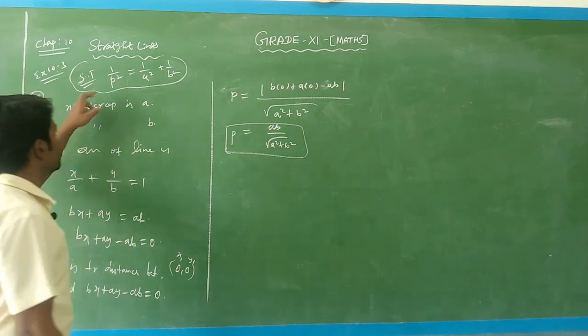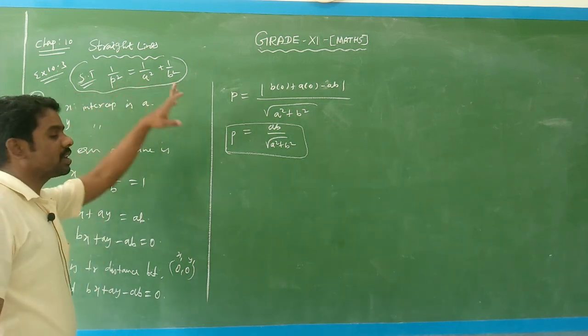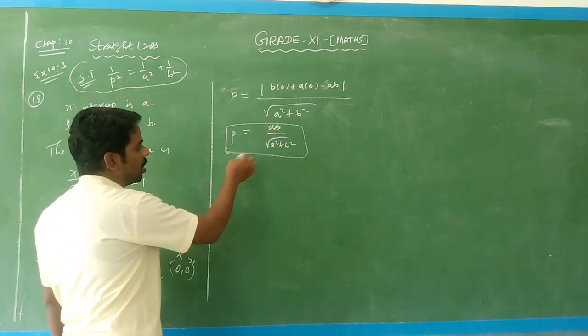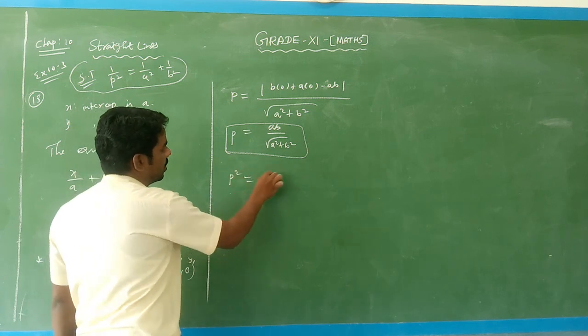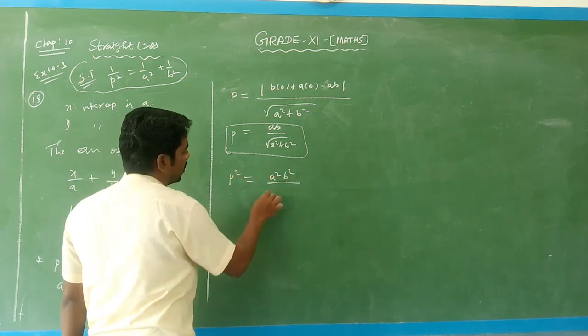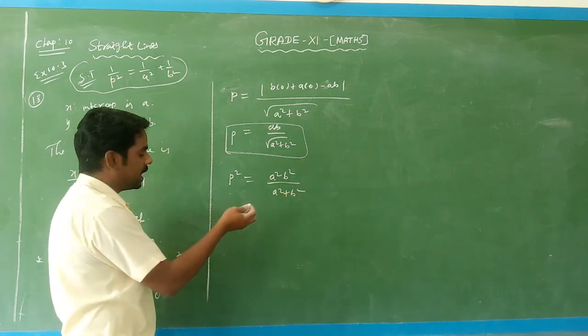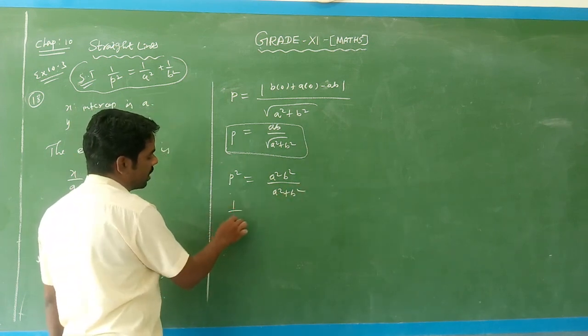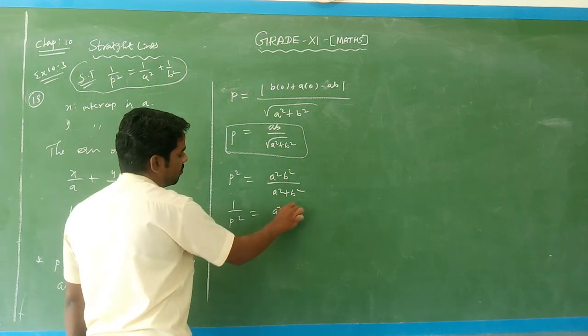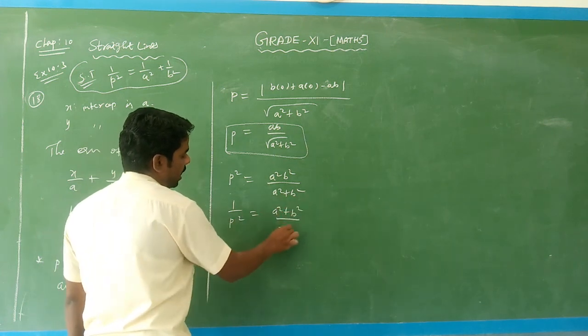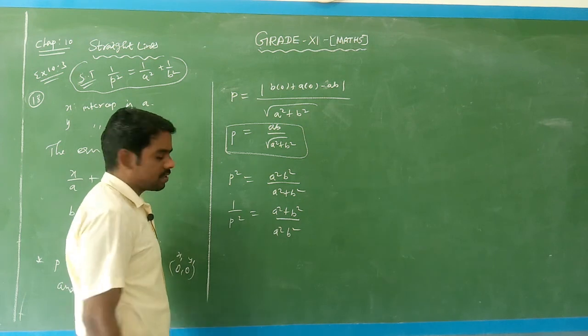So we need to show 1/p² = 1/a² + 1/b². Square on both sides: p² = a²b² divided by (a² + b²). Take the reciprocal on both sides: 1/p² = (a² + b²) divided by a²b².